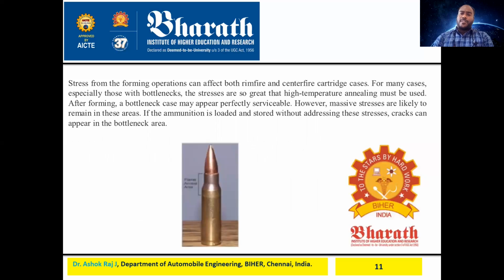Stress from the forming operation can affect both rimfire and centerfire cartridge cases. For many cases, especially those with bottlenecks, the stresses are so great that high temperature annealing must be used.